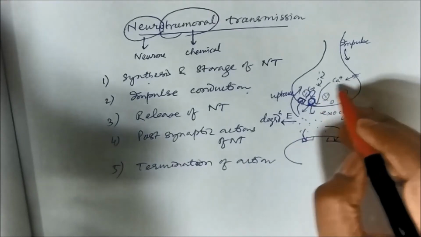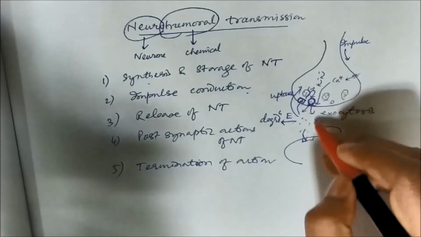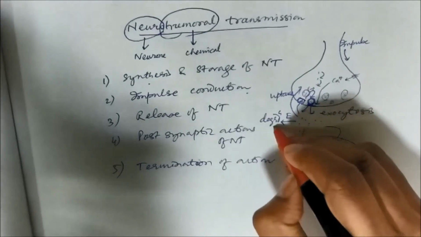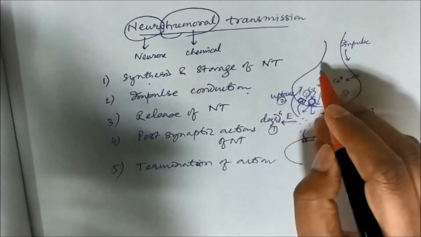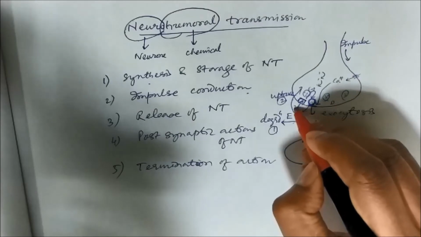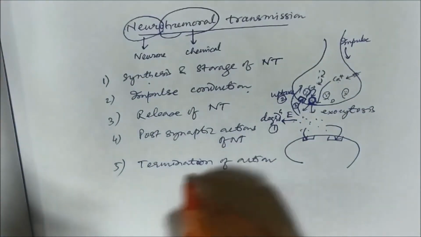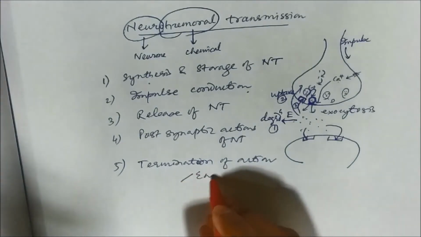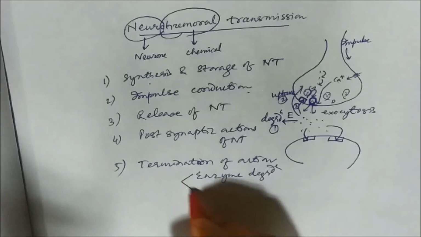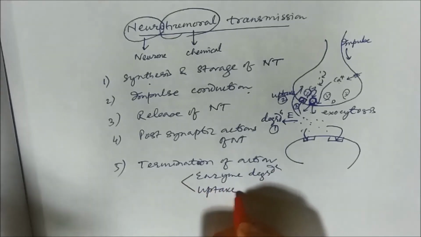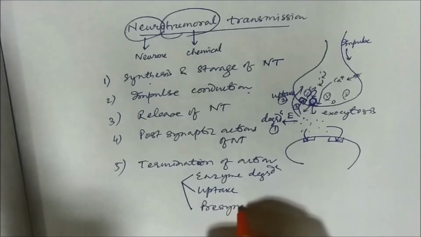That means they block the release of calcium, and release is inhibited. So these are the three ways: one is degradation by enzymes, second is uptake, third is presynaptic action of neurotransmitters.